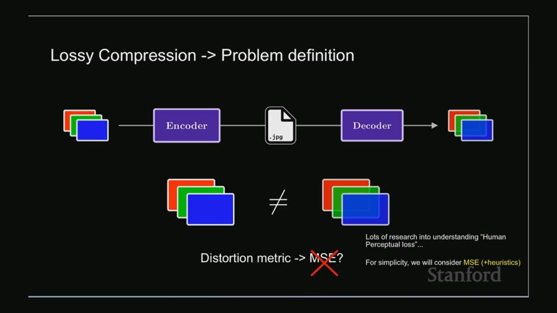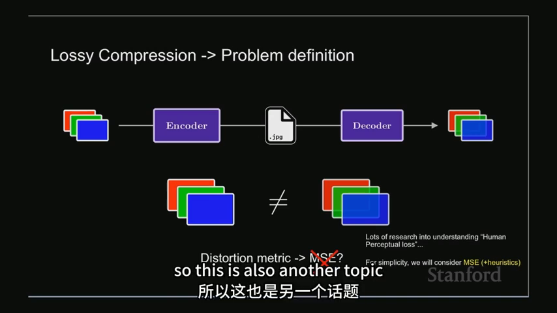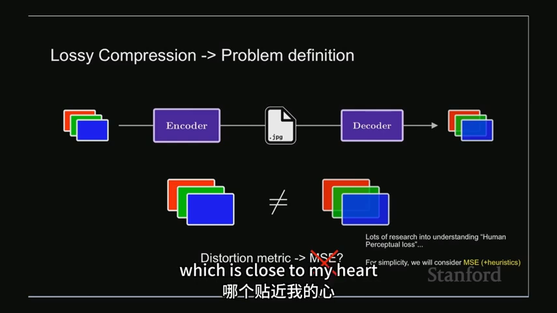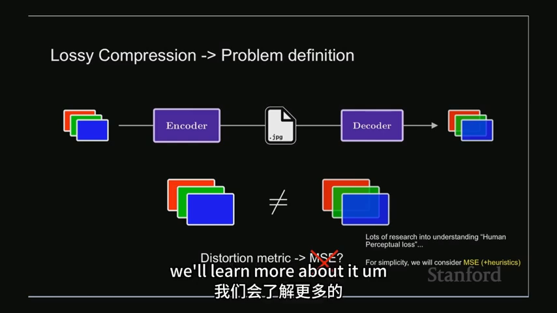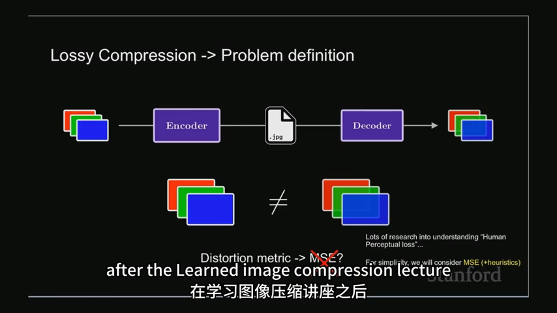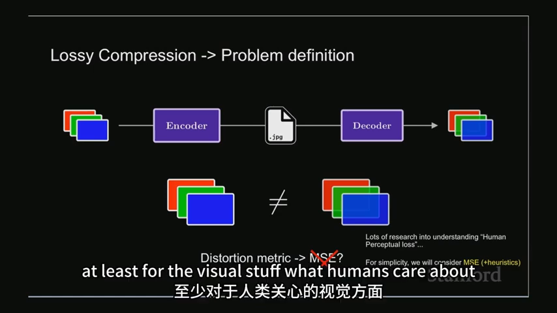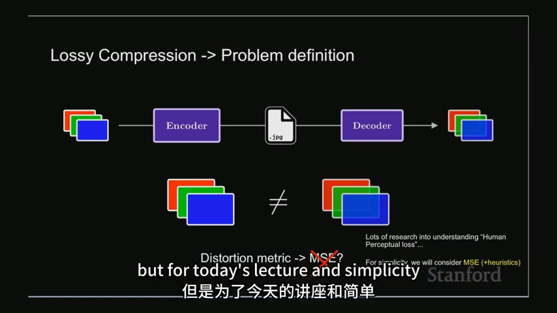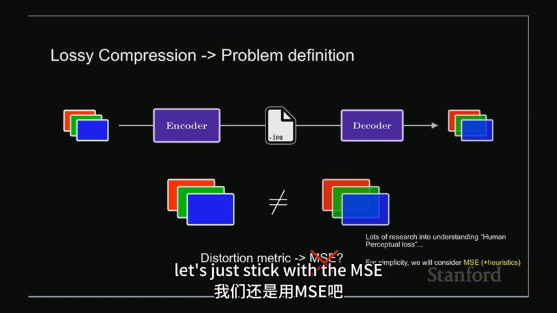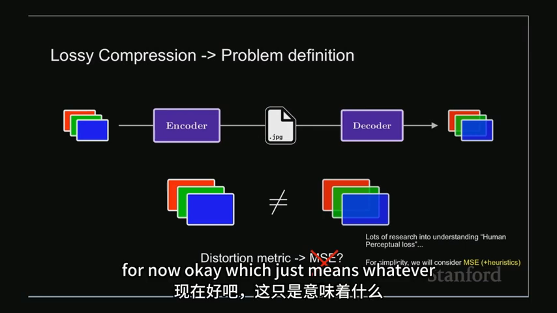We'll learn more about it. This is another topic close to my heart. We'll learn more after the learned image compression lecture, which will be a third follow-up lecture where we'll take a deep dive into what humans care about, at least for visual stuff. But for today's lecture and for simplicity, let's just stick with MSE, which is mean square error.